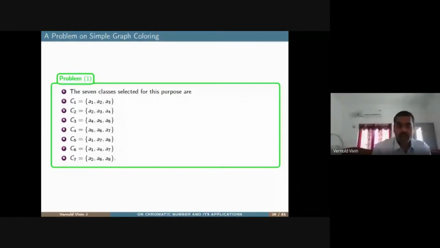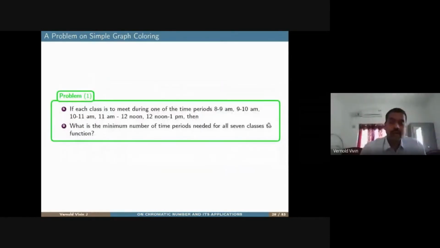overlapping condition, as well as we have to find a shift for conducting the 7 classes having 3 different subjects, and they are having 8 teachers. So here the problem is, each class is to meet during one of the time periods. The time periods are from 8 to 9, 9 to 10, 10 to 11, 11 to 12, 12 to 1.